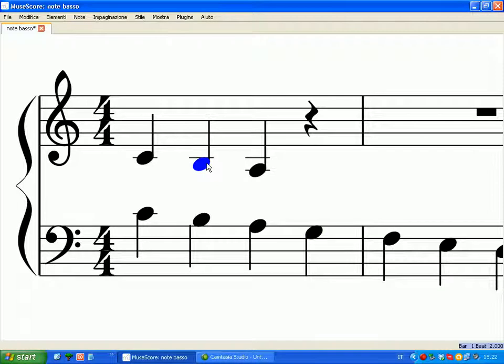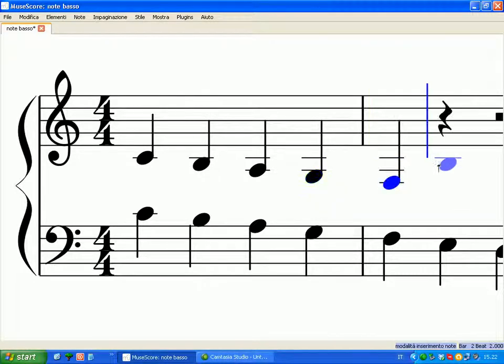This is the right way to represent this B, the B which is next lower than the middle C. This is the way using the bass clef, and this is the way using the treble clef, and this is the same for the A, and this is for the G. Then again I can go down to the F and to the E note. Sorry, this one is the E note.